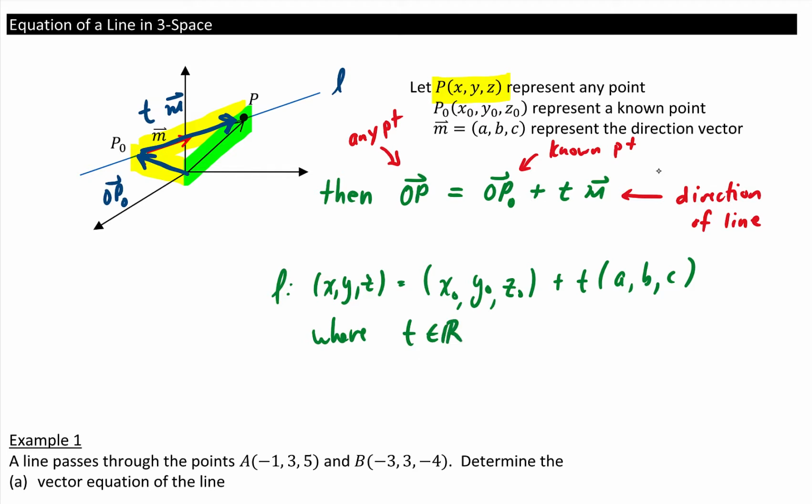It could be positive, it could be negative. That's how we get all the points on this line. This is called the vector equation of a line. So again, it's the vector equation of a line in R cubed or 3 space. So we need a starting point, that's our P naught or OP naught, and then we need a direction, and that can hit any point on this line.